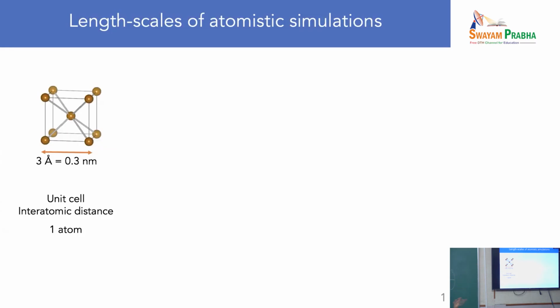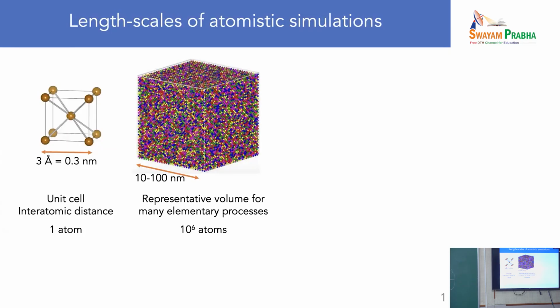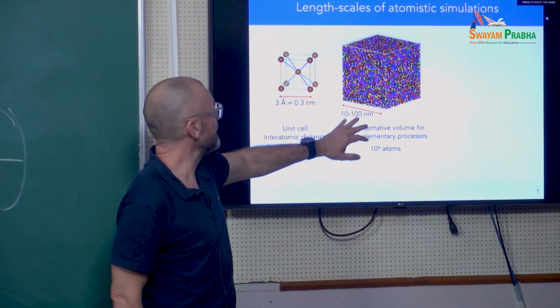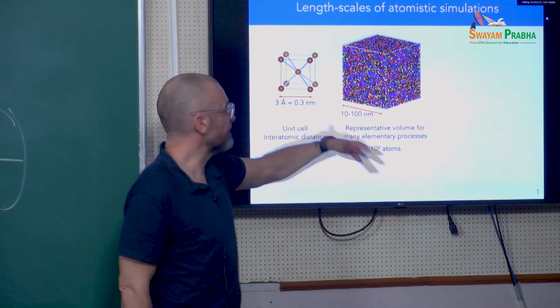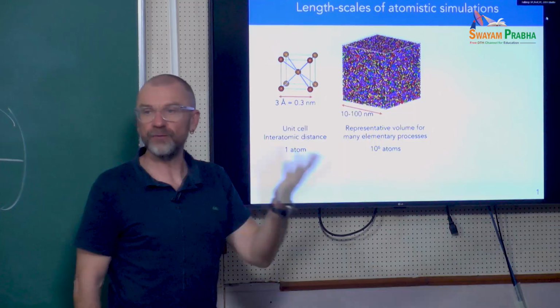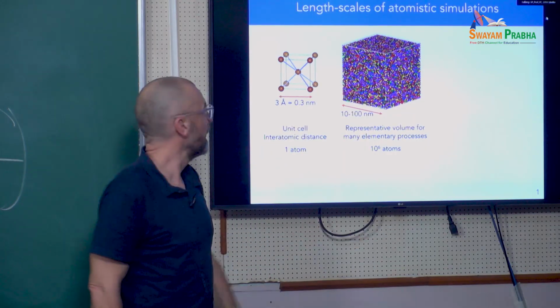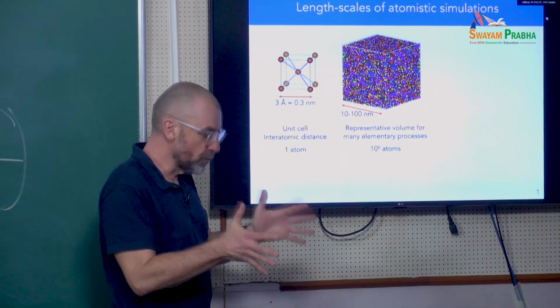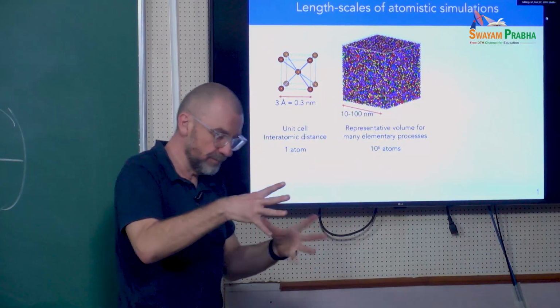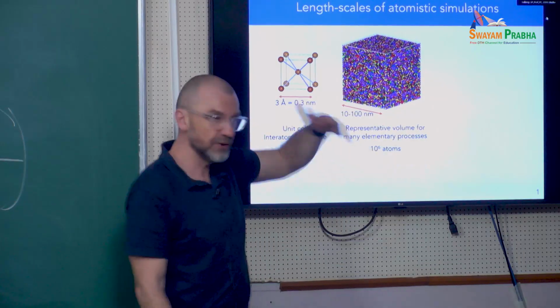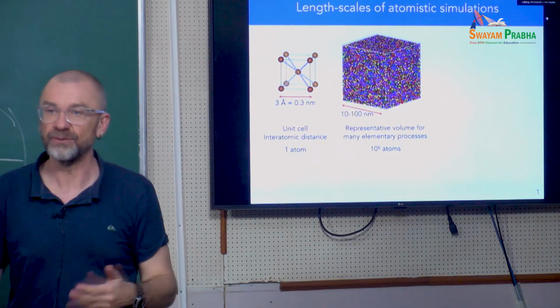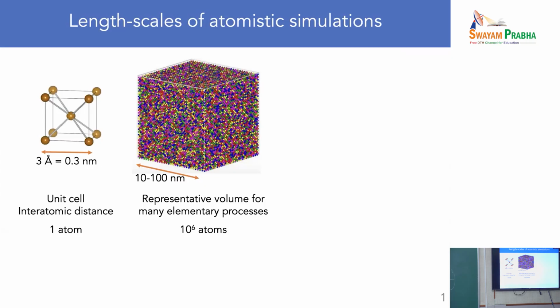Then the scale above is what I call the representative volume. So it's still a small system, typically between, say, 10 and 100 nanometers in size. It contains on the order of 1 to a few million atoms. And if you choose this volume well, you can put most of the physics that you want to study into this system containing a few million atoms. So representative volume for many processes.